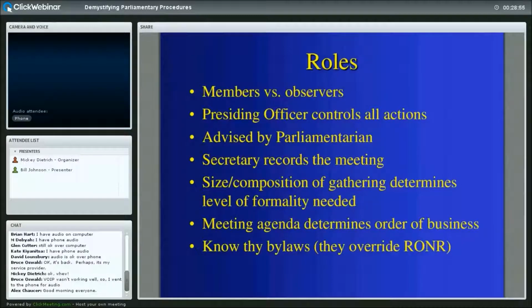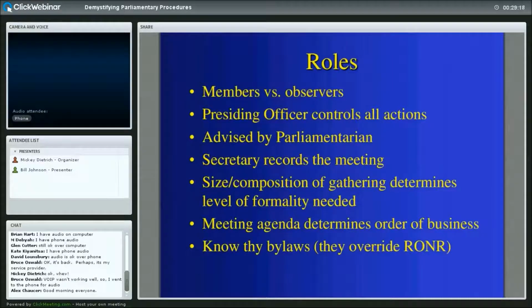Under a Robert's meeting, the presiding officer is the one who is in control of all the actions. So they run the meeting. And in order to run a meeting effectively under Robert's Rules, the presiding officer really needs to have a decent handle on how the rules work, because they're playing traffic cop on the meeting. And everyone else that's participating in the meeting is obliged to obey the controls of the presiding officer.